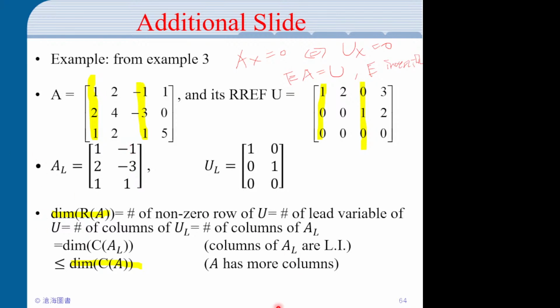Okay? Because at the end, we see that they are not only linearly independent, they also have the same dimension as the dimension of the column space here.